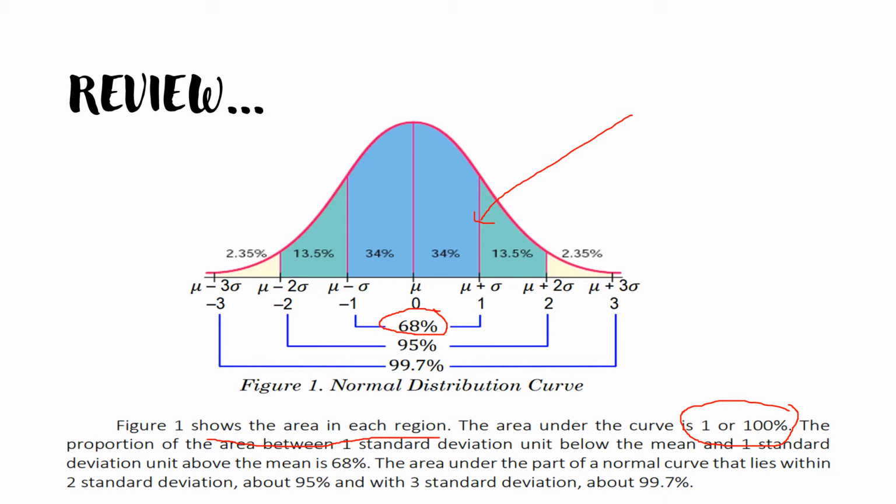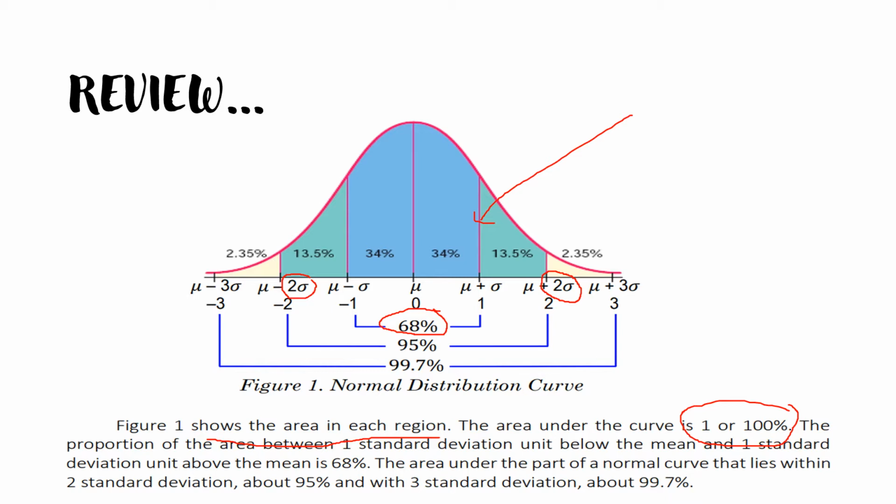The area under the part of a normal curve that lies within 2 standard deviations is about 95%. So there is an involvement of 2 standard deviations.